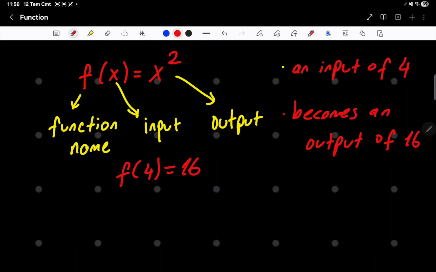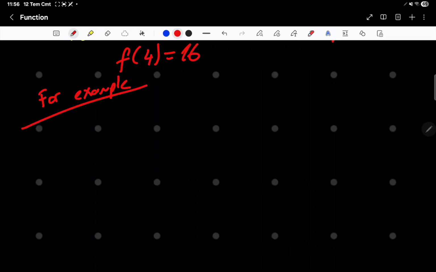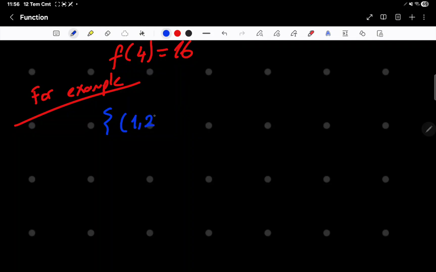Is it a function? A relation is a function if every x value has only one y value.